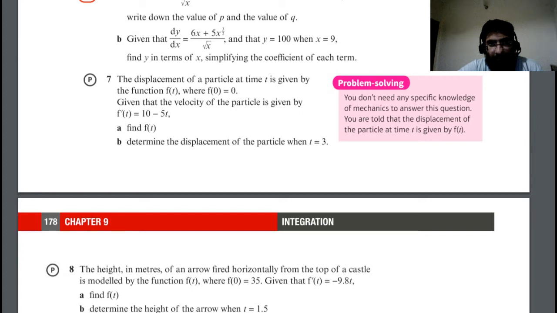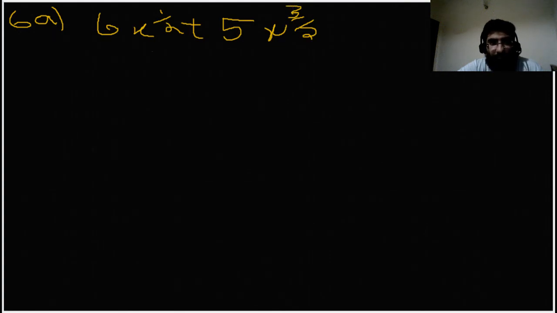So this becomes 3 by 2 minus half, which is what, sir? 1. I knew that. So this becomes 1. So P is half and Q is 1.